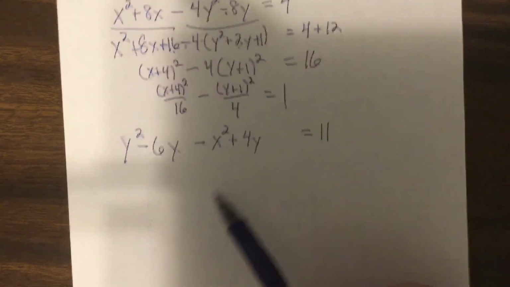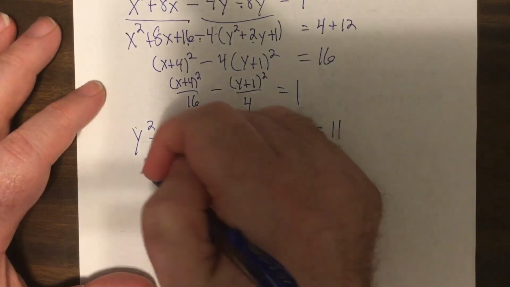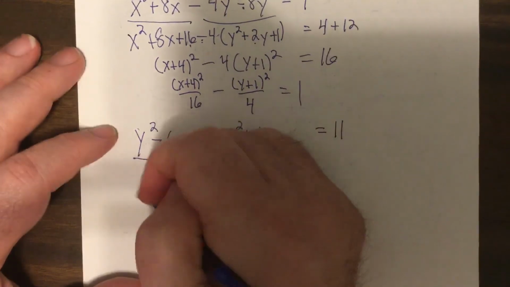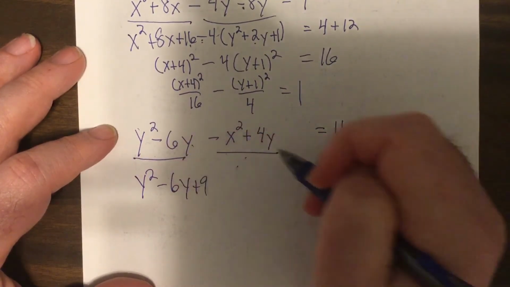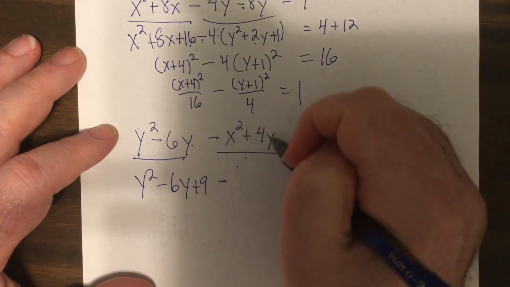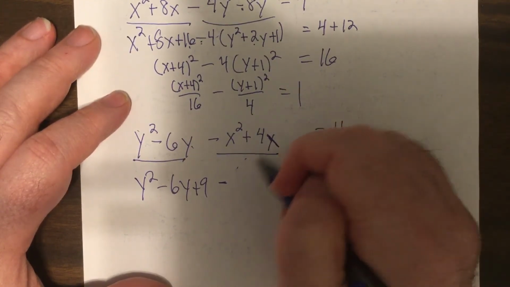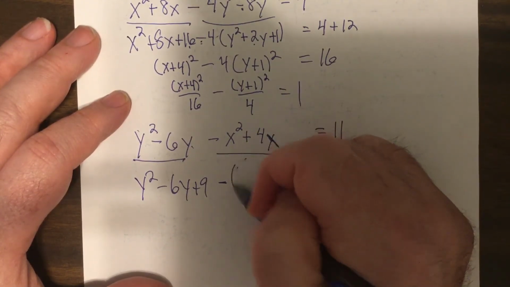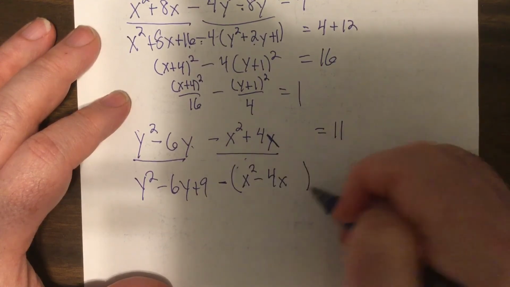So go ahead and see if you can put this one in proper form for me, please. I'd appreciate it. Okay, so this you would add 9. Here you would factor out the negative. This is supposed to be an x. Sorry about that. So this factor on negative, so it's x squared minus 4x.